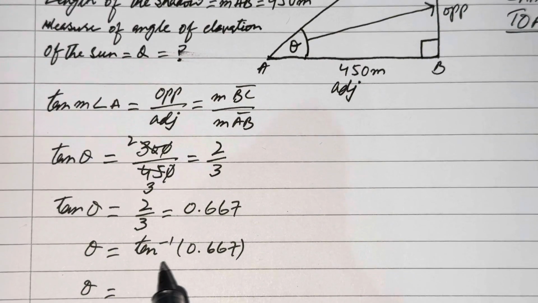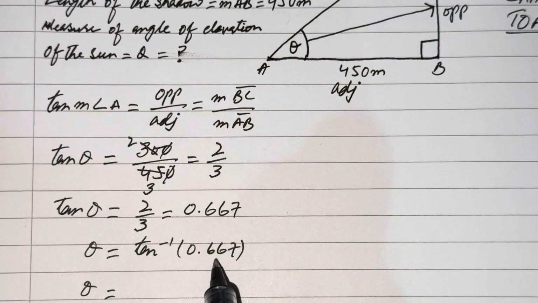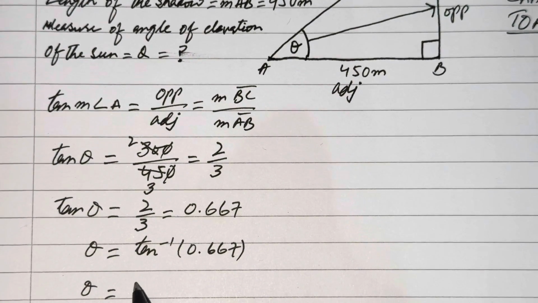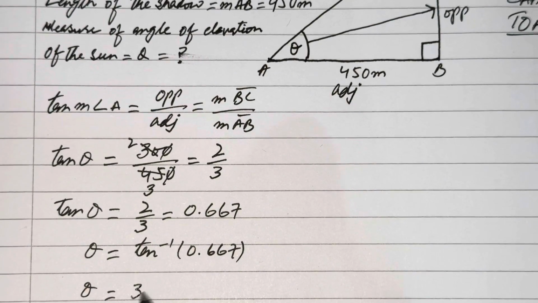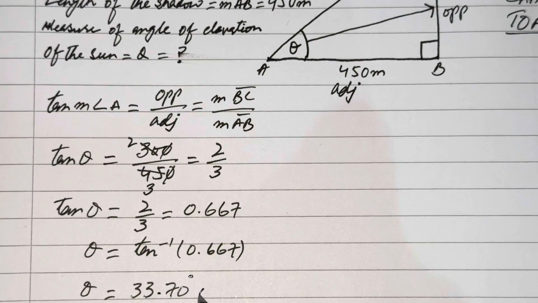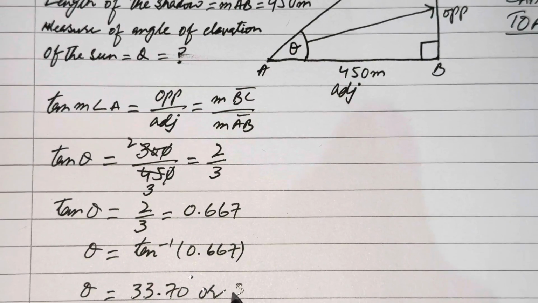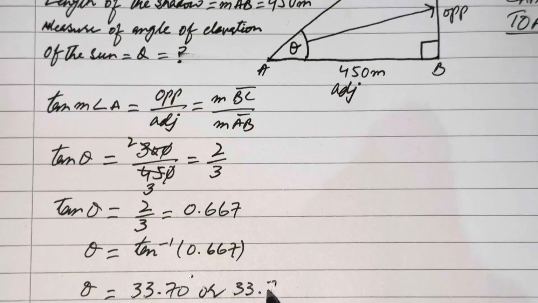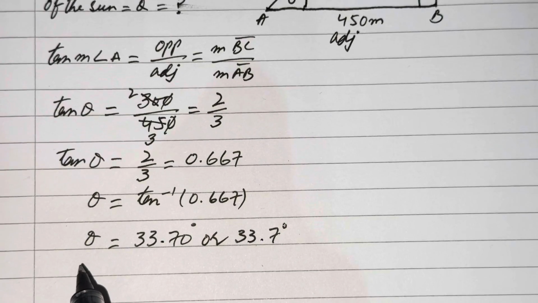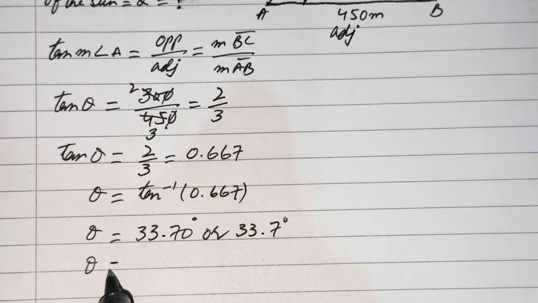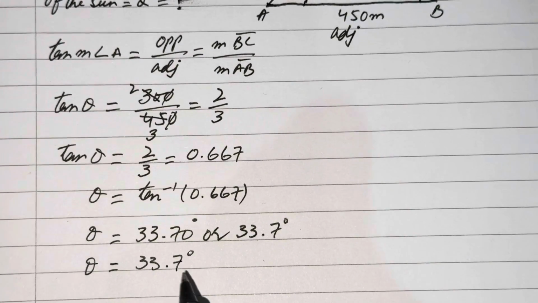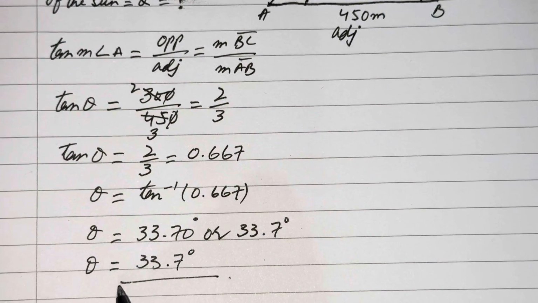With the help of the calculator, when we take the tangent inverse of 0.667, that becomes 33.70 degrees, or 33.7 degrees. So the value of theta will become 33.7 degrees. That's the answer, that's the value of theta.